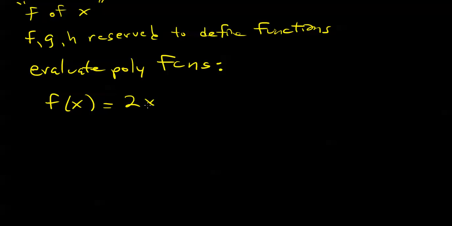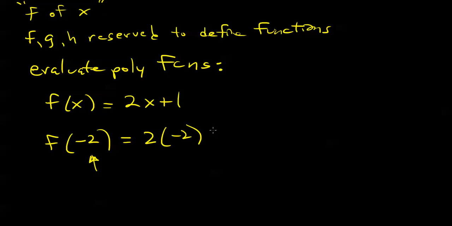If f of x is 2x plus 1, let's say I ask you to evaluate f at minus 2. Well, all that's in parentheses here is a placeholder. All that means is wherever I see an x in that polynomial expression, I plug in a minus 2. Of course, 2 times minus 2 is minus 4, and minus 4 plus 1 is minus 3.